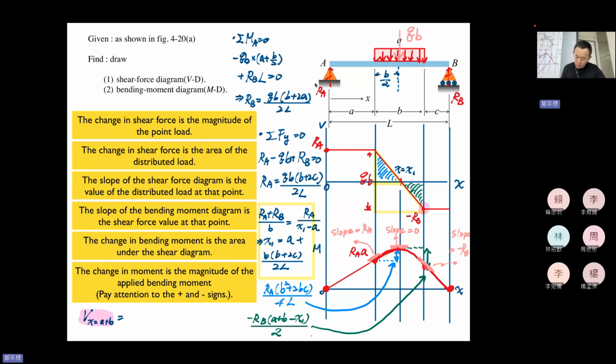So RA minus QB. The QB, how to do that? Minus QB equal to minus QB square minus 2QAB divided by 2L. And then you notice that the value is actually equal to minus RB. Okay?